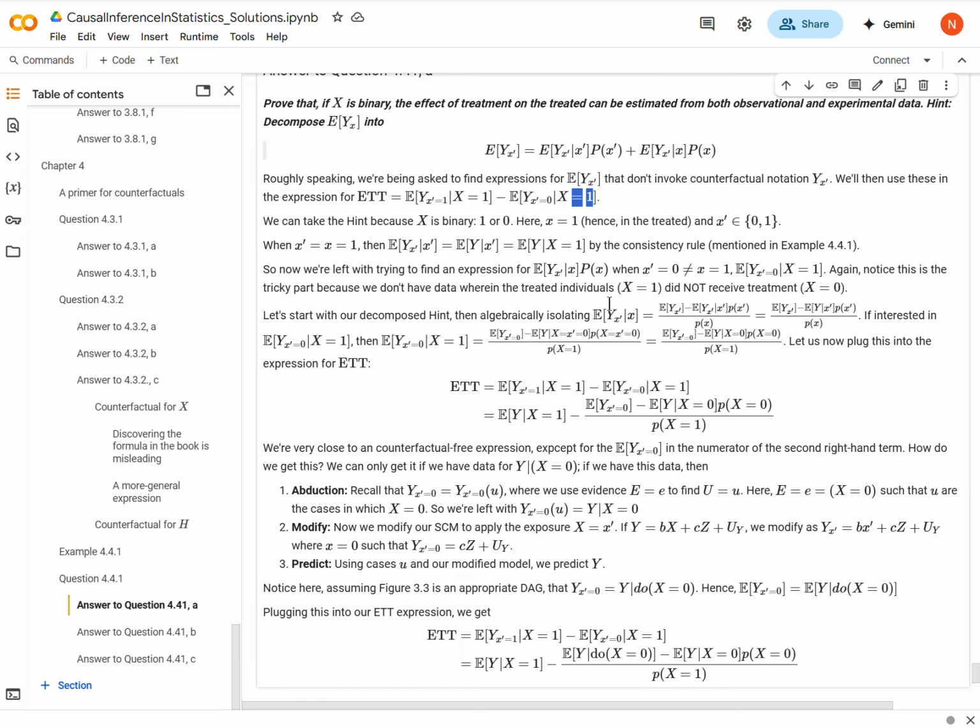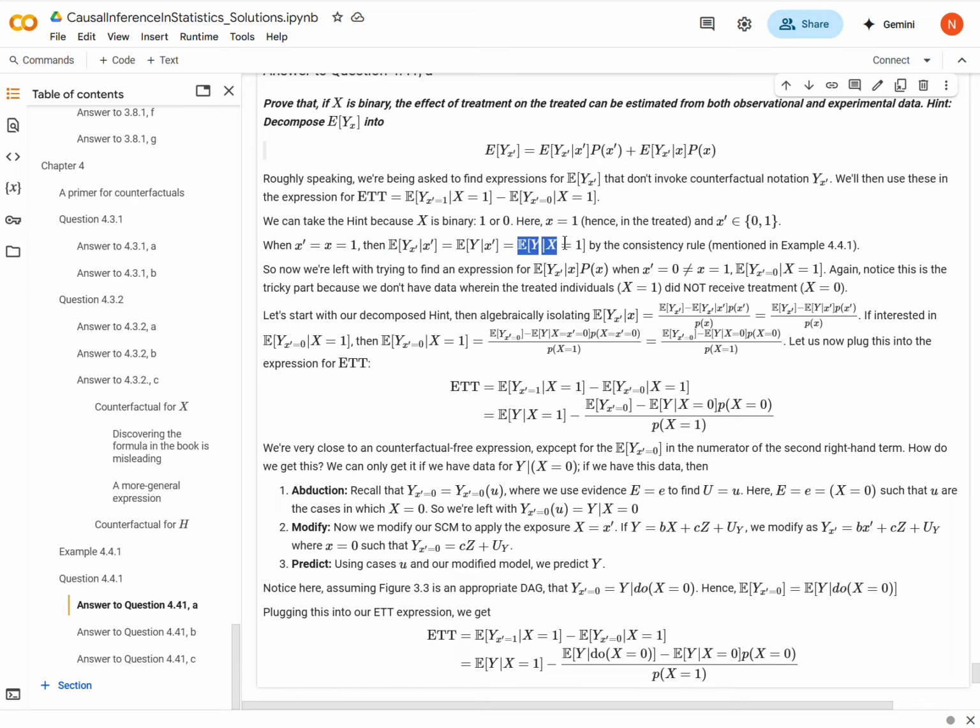Okay. And so the way that I'm going to do that is I'm going to take this expression here, and I'm just going to solve for the term of interest. So I'm going to subtract this over and then divide by this. Okay. And so I come away with that. All right. But for that counterfactual term right there, we already have an expression, which is just here.